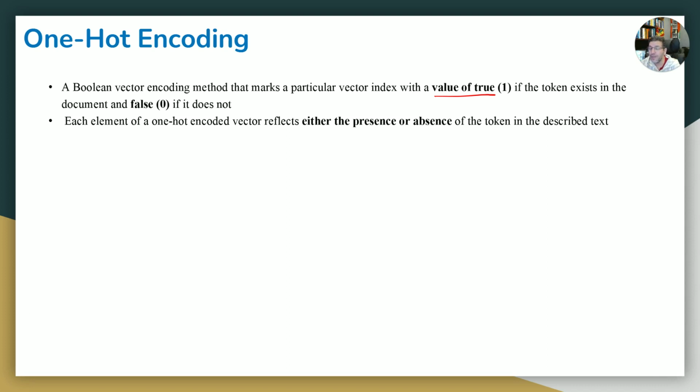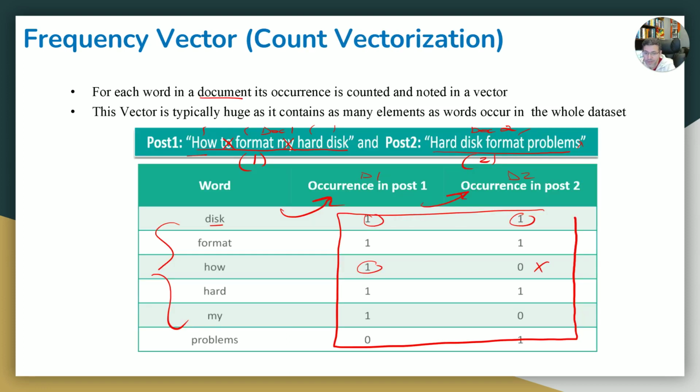It's not a count. It finds the number of unique words and the number of documents, and it looks for a word in each document. If you have the word in that document, you give it a 1. If you don't have the word, we give it a 0.